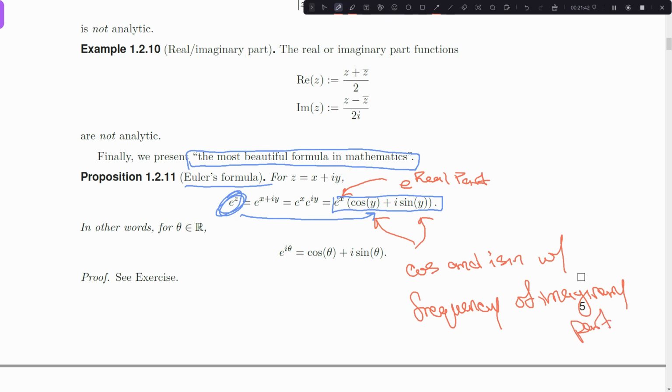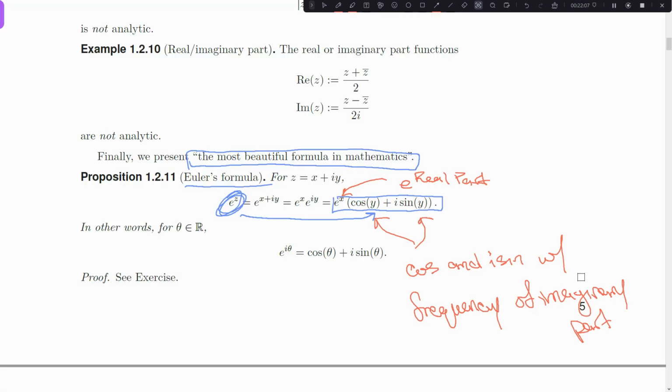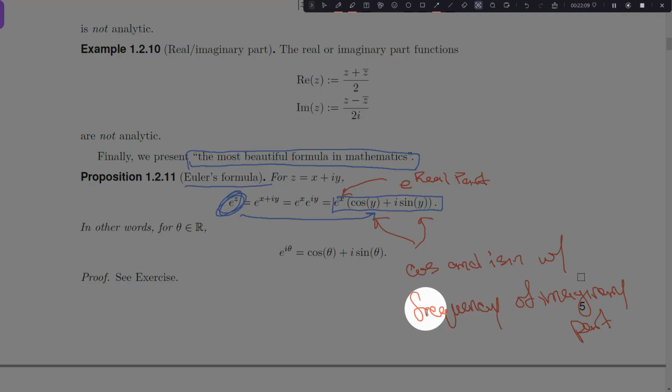So that's Euler's formula in a nutshell, is that e to a complex number is really only exponential in the real part. It's exponential in the real part, and it's actually periodic, right? Cosine and sine are classically periodic functions, so we're periodic in the imaginary part with the specific frequency, which is the imaginary part.